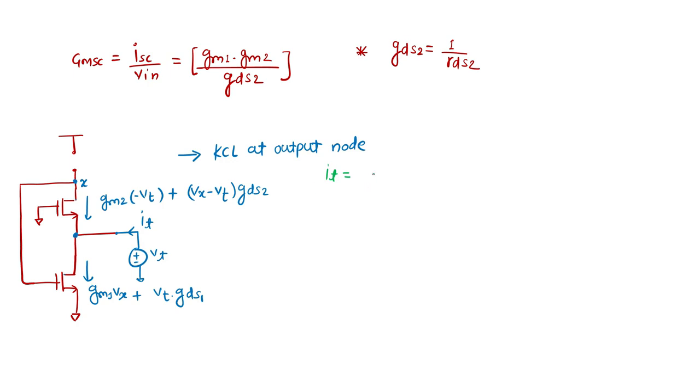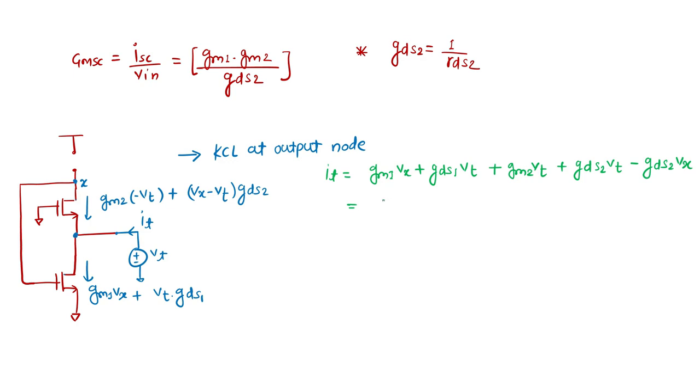So IT is equal to GM1 Vx plus GDS1 Vt, minus, if we subtract that, it will be plus GM2 Vt, and minus means plus GDS2 Vt minus GDS2 Vx. Okay, so this is the expression. From here we can separate the terms of Vt and Vx.